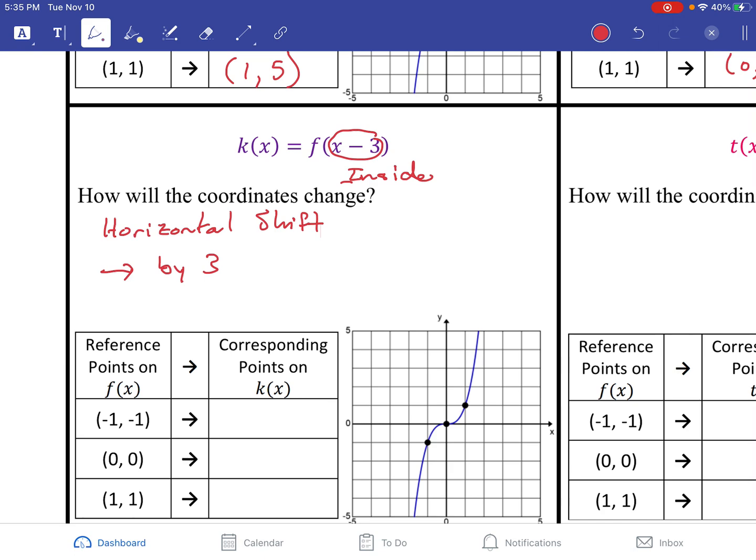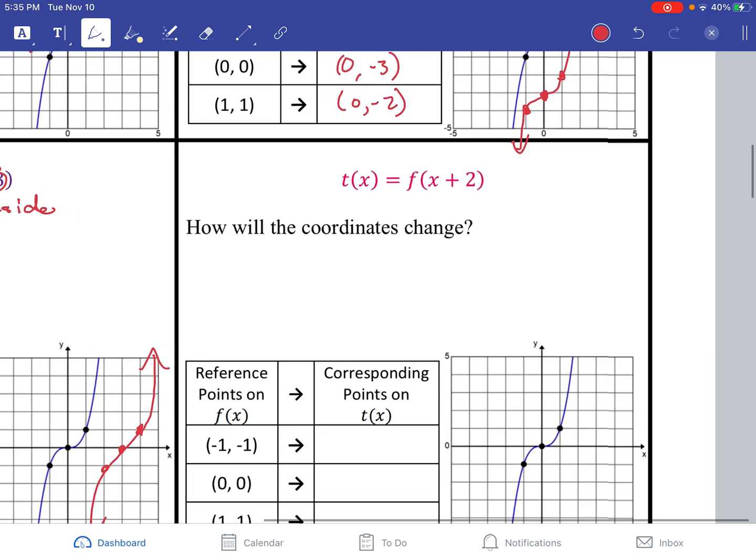So -1 plus 3 is 2, -1, 3, 0, and 4, 0. Oh, sorry. That should be a 1. So we're going to move all these points over by 3 spots. You're basically picking up the graph from where it was, moving it 3 spots to the right, and putting it back down.